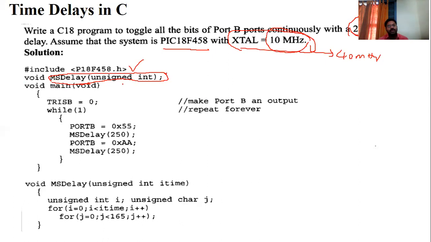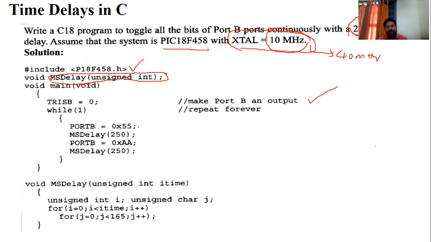So MS delay, and at the same time unsigned int is taken. Whether to use unsigned int or signed int depends upon the amount of time you want to take. Then you can toggle port B, so make port B an output port.